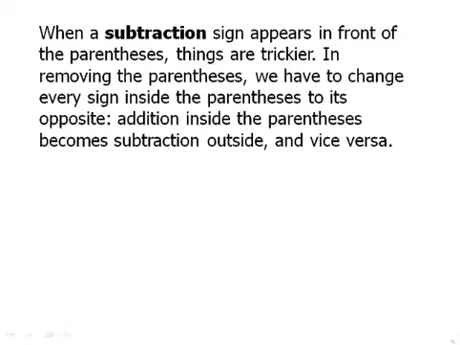When a subtraction sign appears in front of the parentheses, things are a little trickier. In removing the parentheses, we have to change every sign inside the parentheses to its opposite. Addition inside the parentheses becomes subtraction outside, and vice versa. So here, we're subtracting those parentheses. The first parentheses we can just remove without any problem.